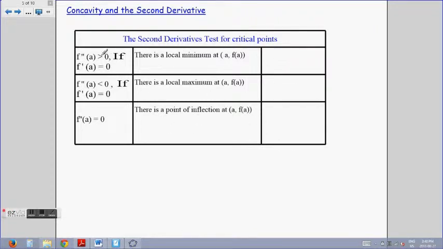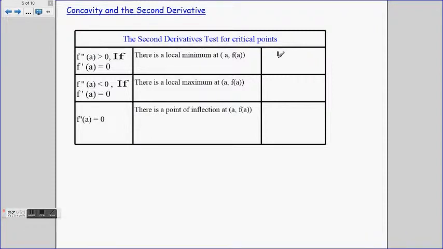So if I found the critical number to be a, plugged it into the second derivative and found it was positive, remember, it is concaving up, and that means we have a local minimum. If I plugged it in and found the second derivative was negative, then we have concaving down, and it is a local maximum.